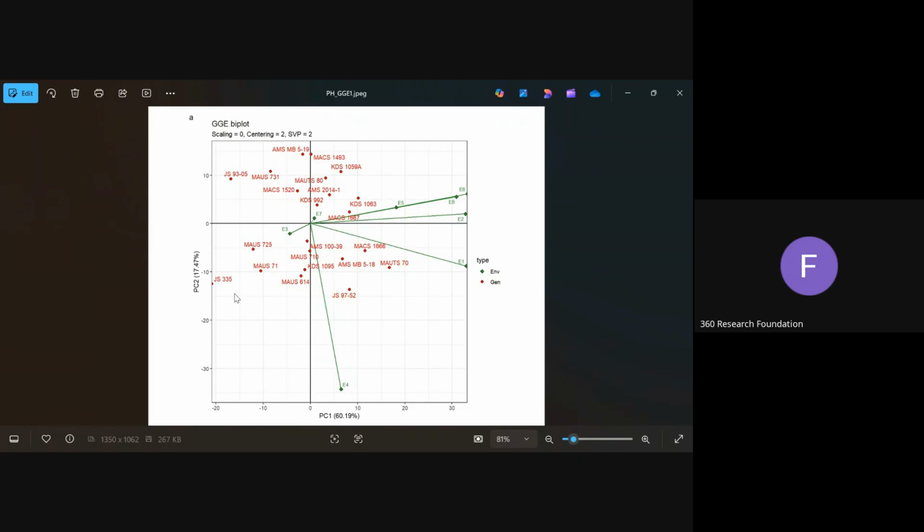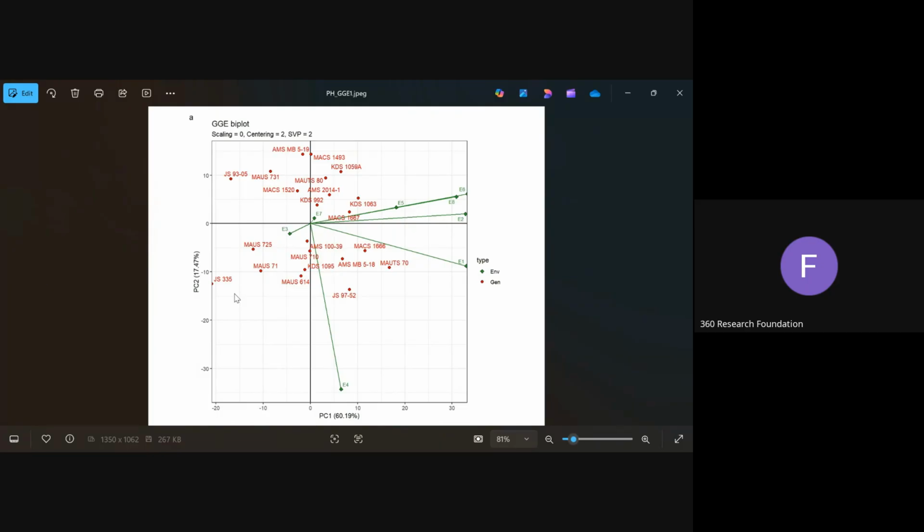Like this, you can interpret this graph. The interpretation pattern is the same. Those genotypes close to the origin are stable across environments. Those genotypes in the line of a vector are specifically stable with respect to that particular environment.